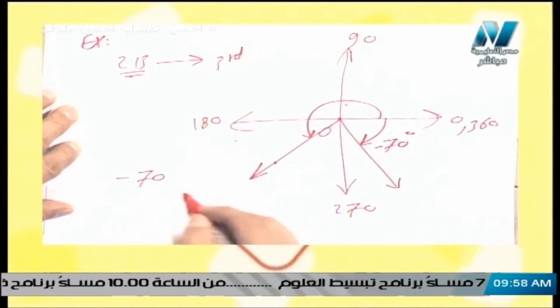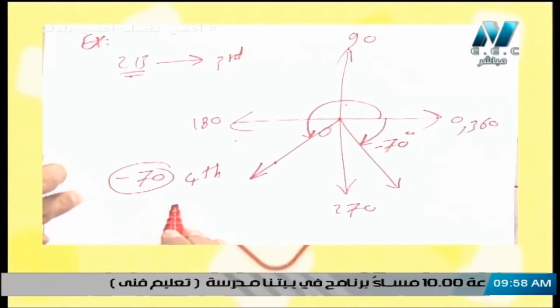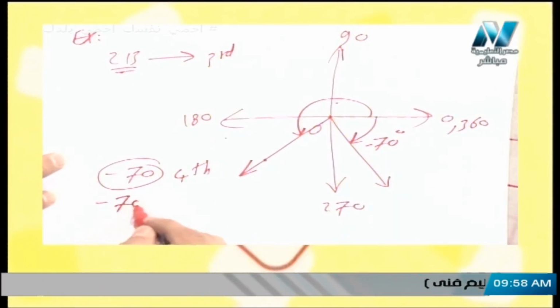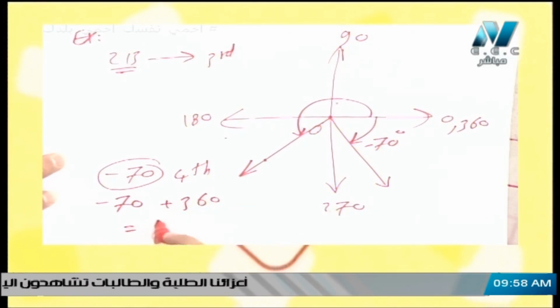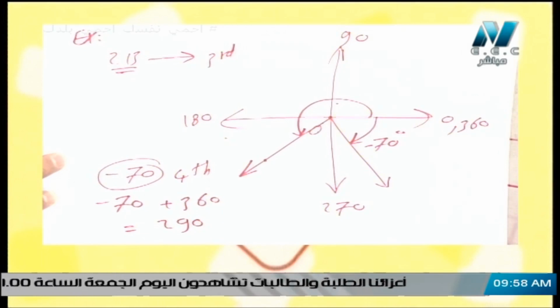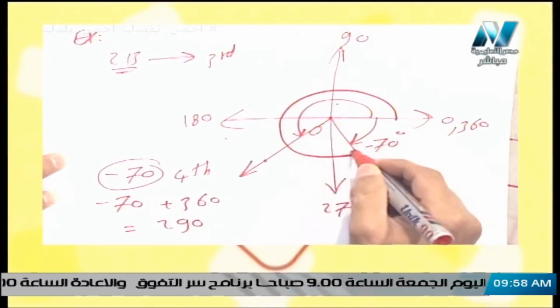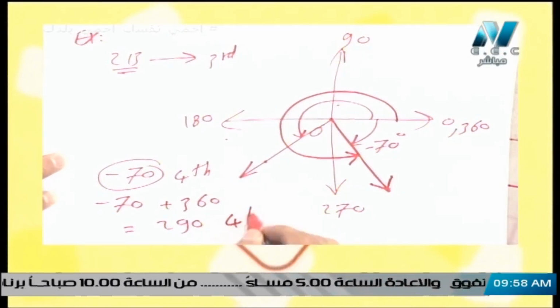So, it's the fourth quadrant. And if negative makes you make a mistake, you can add negative 70 plus 360. So, the answer equals 290 as a positive angle. And 290 has the same terminal side, in the fourth quadrant.